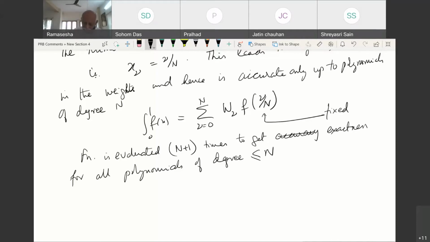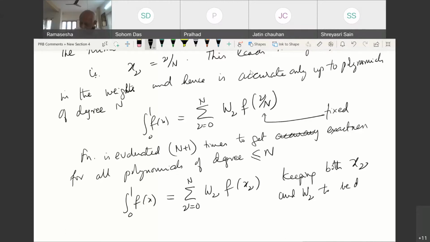Okay, supposing I say that if I could keep these nu by n which are fixed, if I choose the points x nu such that both x nu and w nu are determined. And what happens?